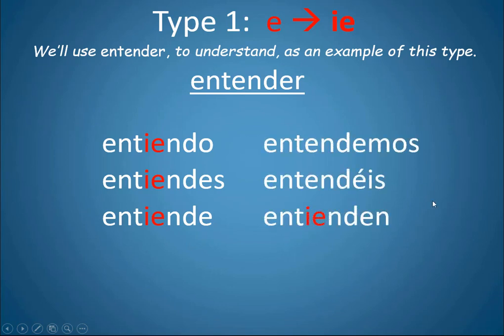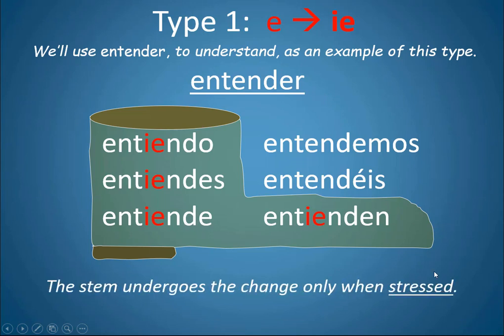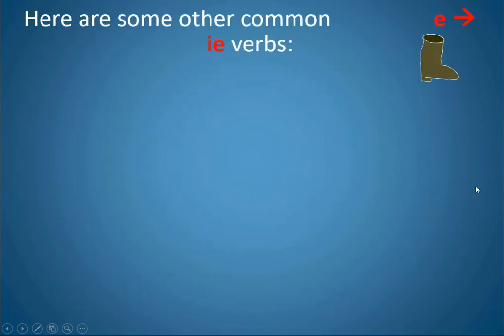These are called boot verbs because the vowel changes only on these four forms. Not here, this E will stay and this E will stay too. And then the normal endings, emos, éis, and that's normal. Now you need to be careful because these forms are going to change. That's the reasoning.